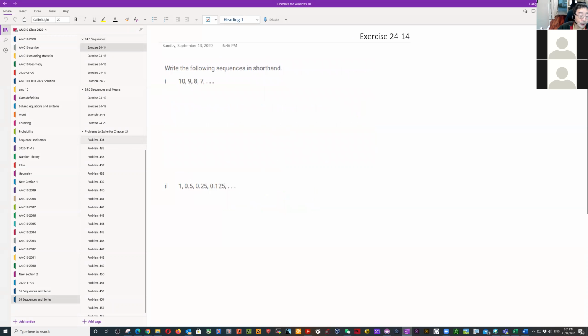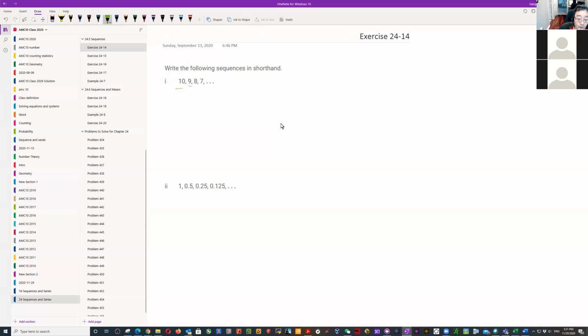So basically, these are the sequence shorthands. Let me do one example. Write this sequence in shorthand. Every term, including the first term, needs to fit this pattern.